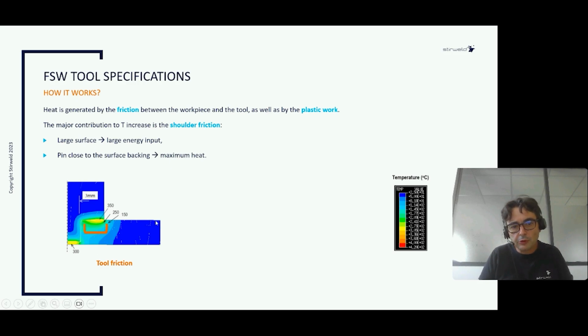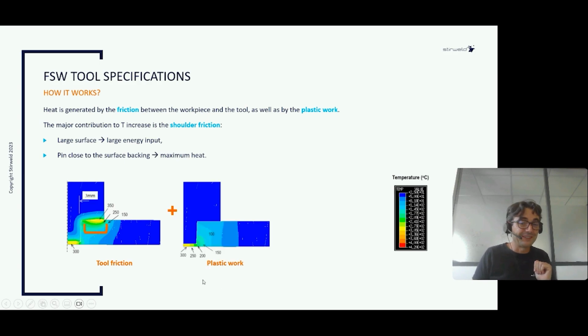You can see an aluminum part here, and here you can see different values of temperature. For this simulation, we consider only the tool friction. And we learn here that the main source of heating is the contact between the shoulder and the top surface, and also the contact under the pin.